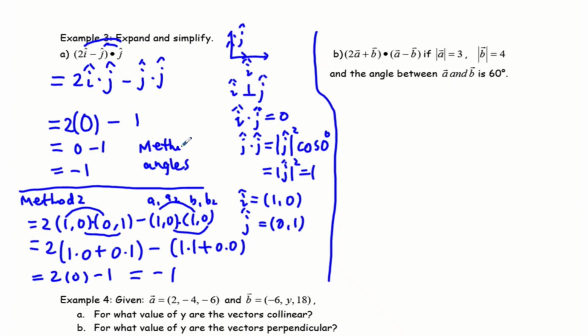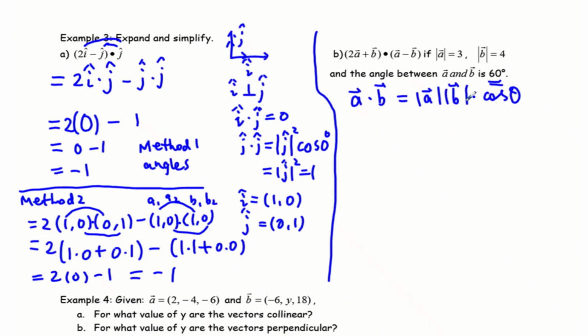So method 1, we use angles. If perpendicular, this one is 0. If same direction, it will be just the magnitude squared. So this one, we have the angle is 60 degrees. So we want to use a dot b equals the definition of the dot product connected with trigonometry.